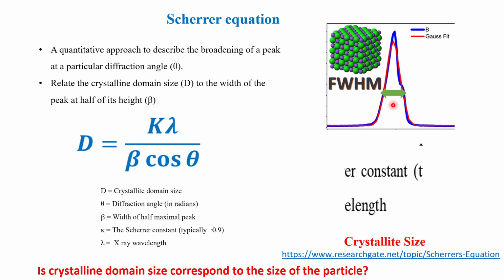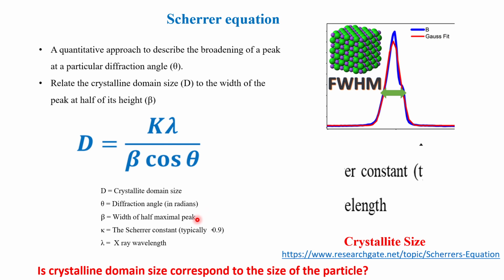So the half maximum height is related to the crystalline domain size. It is d equals k lambda by beta cos theta, where d is our crystalline domain size, theta is the diffraction angle, and beta is the width of the half maximal peak. So we have related beta to d as per the Scherrer equation.